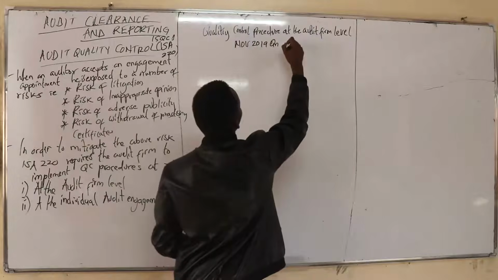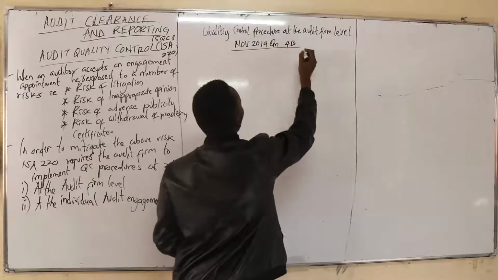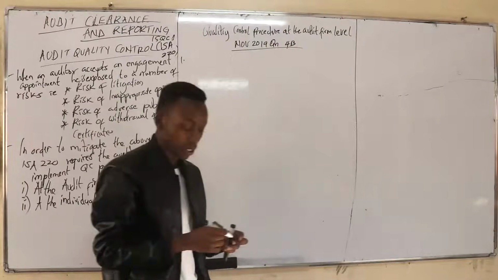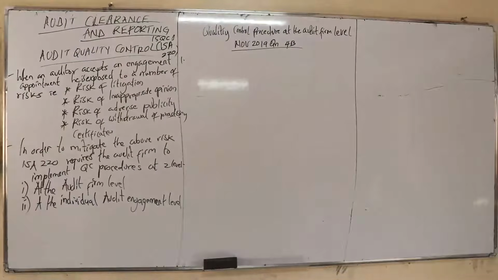So these are the same as if you're asked on the basis of the elements of this audit firm, the measures that it can undertake to ensure that the audit is being done the right way.